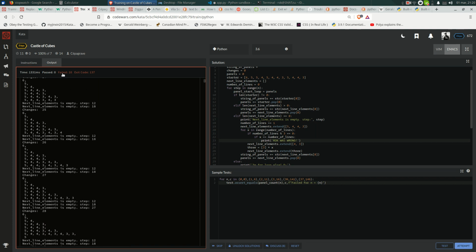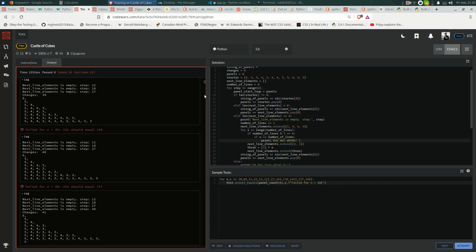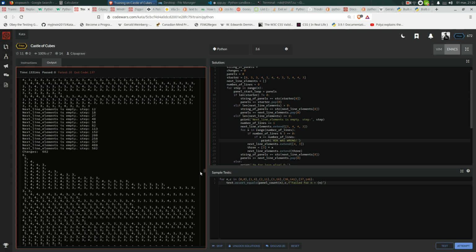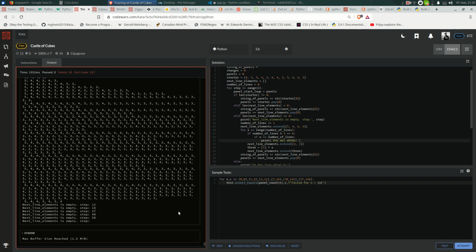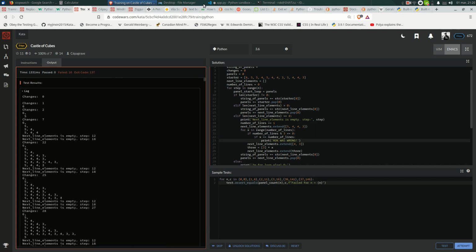And we can happily see that there are not that many wrong answers, you know. All of these things are correct. The only thing is that buffer size reached its limit. No, they're not correct. What am I talking about? So if we say rook was right, if x plus 1 equals the number of lines.